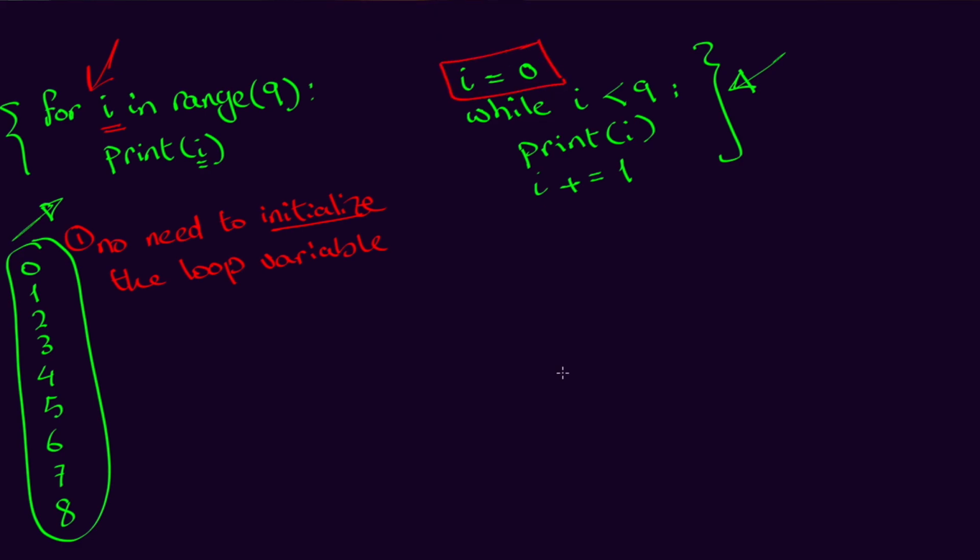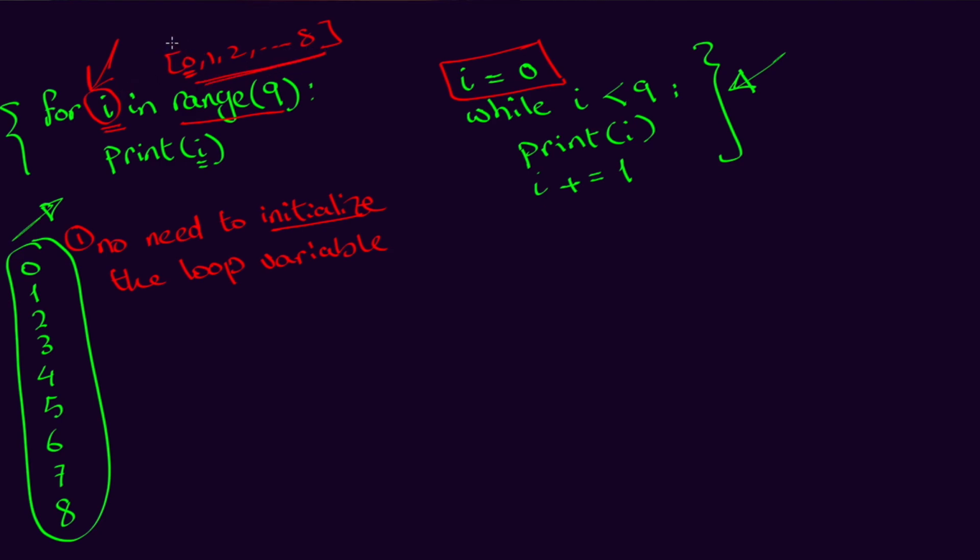The reason for that is you can think of this range 9 as conceptually something like this: 0, 1, 2, until 8. Essentially when you come to this for loop, the loop variable I is going to be initialized with the first value in this list of values.